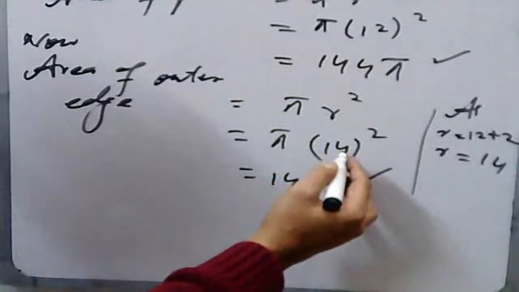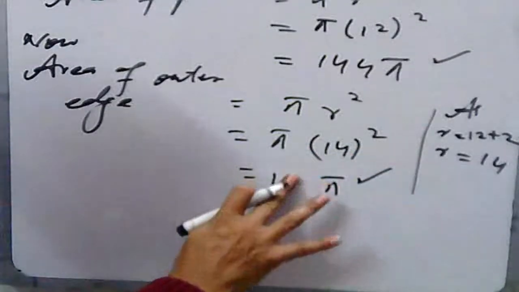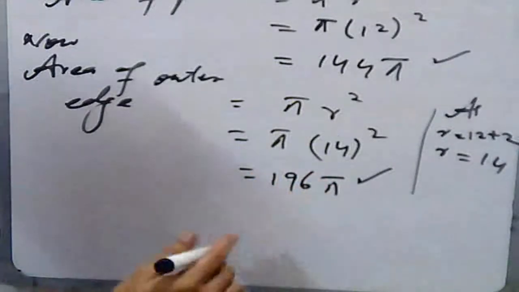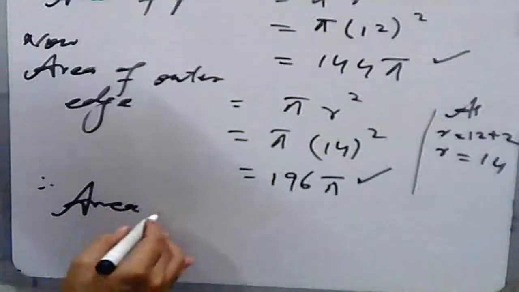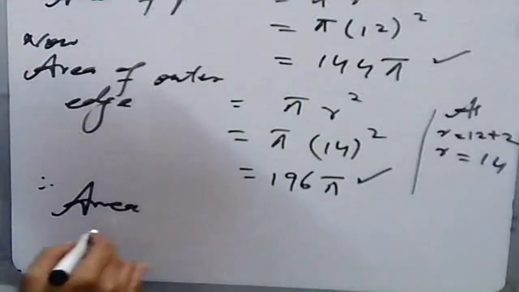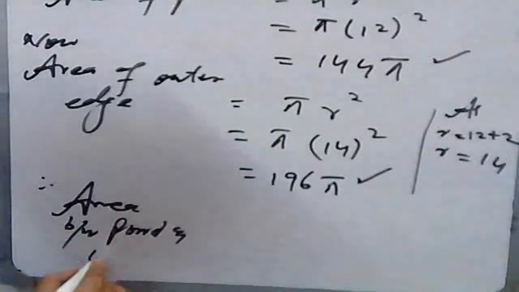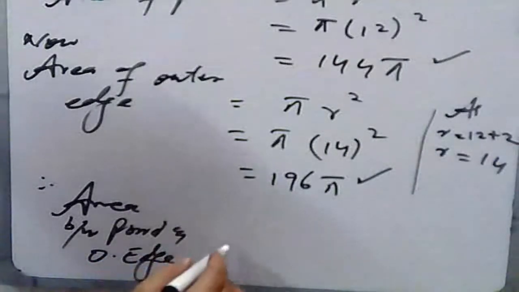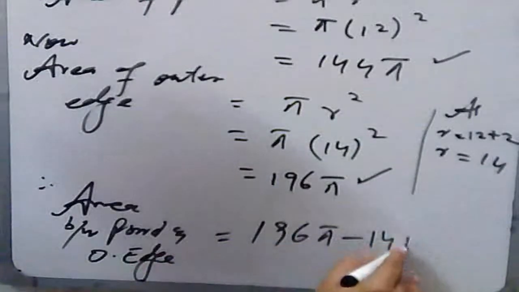So 14 into 14 is 196, so 196 pi. Therefore the area between the pond and the outer edge is equal to 196 pi minus 144 pi.